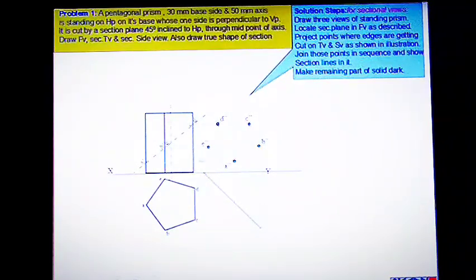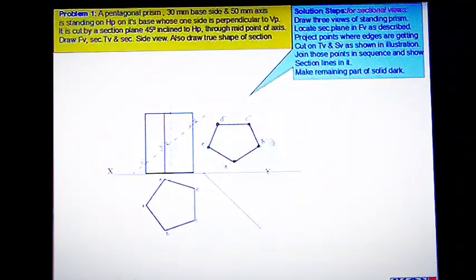Now we can see the surfaces of this prism are flat surfaces. These flat surfaces are cut by an imaginary cutting plane, so the resulting edges will be straight edges. So we can join A double dash, B double dash by straight lines and we will get a sectioned surface like this.